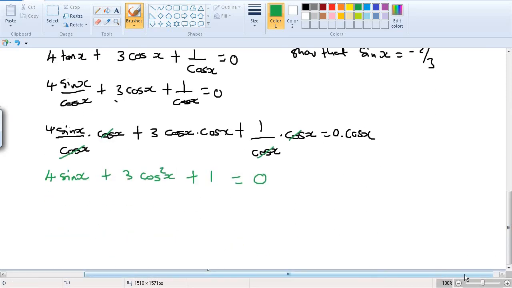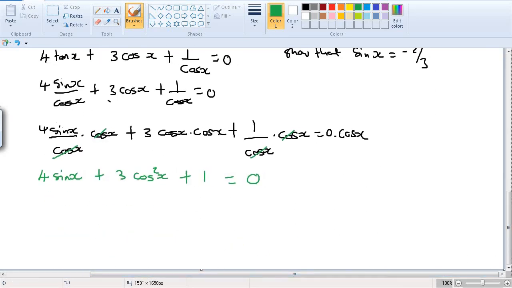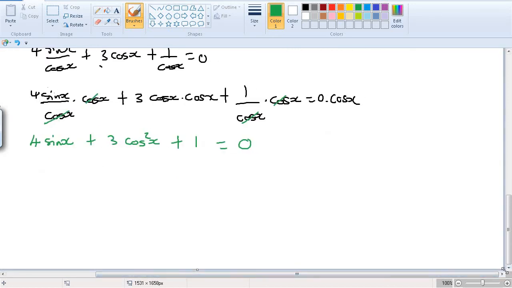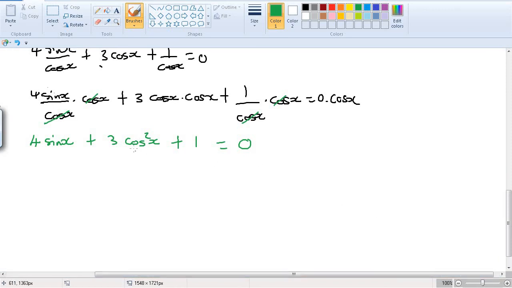So the next step is for us to use this identity: sin squared x plus cos squared x is equal to 1. So we isolate cos squared, so cos squared x is equal to 1 minus sin squared x.